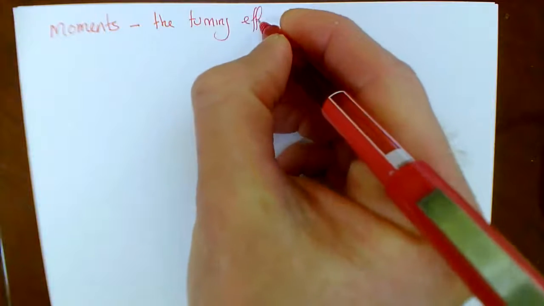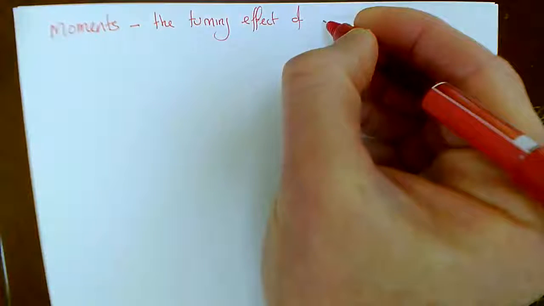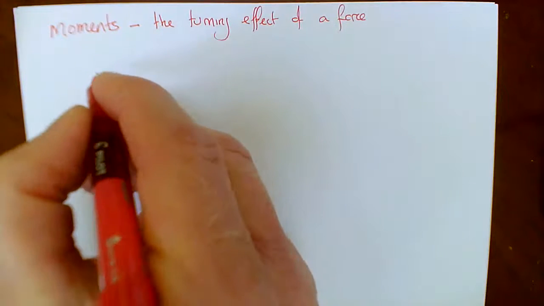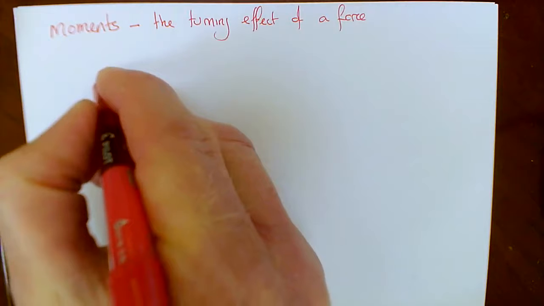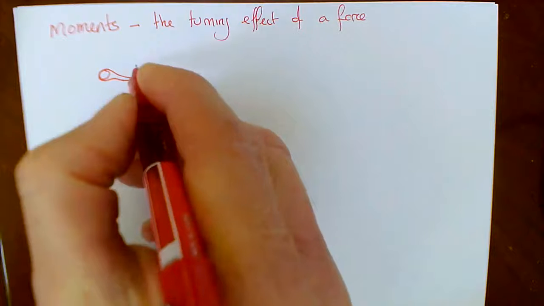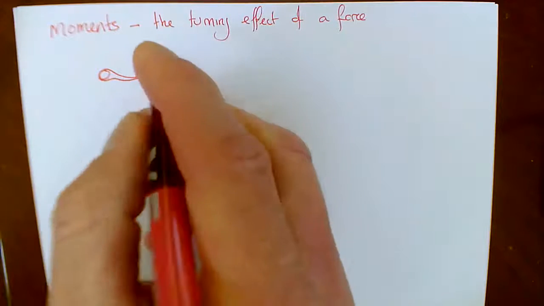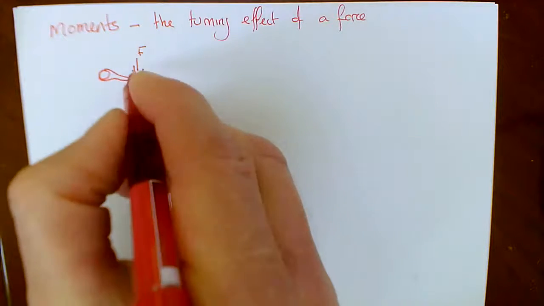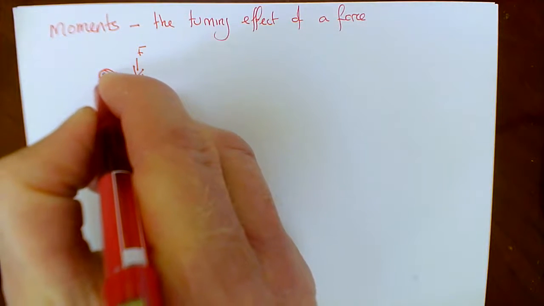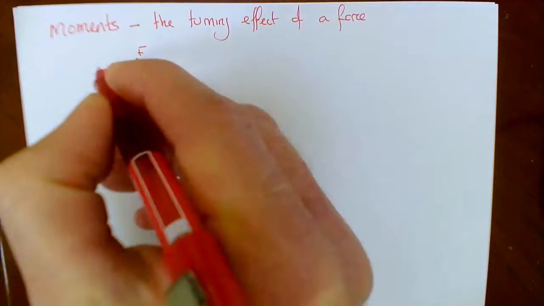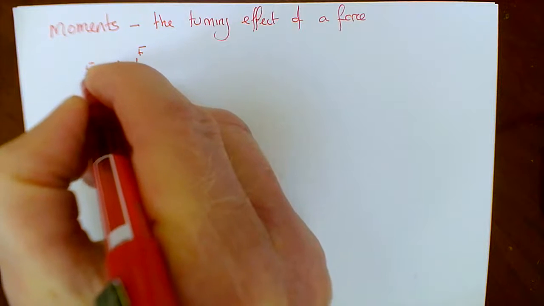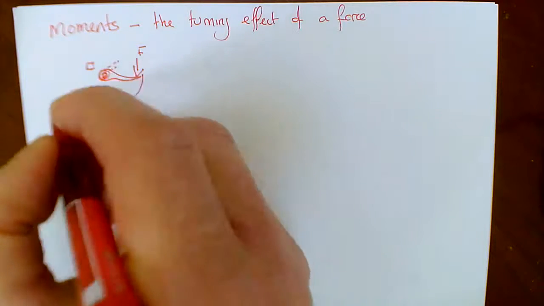So if you think about a door handle, you apply a force here and the door handle tends to turn, and the idea is to make the axle here turn, which is connected to the catch that sticks into the door frame to pull that back.